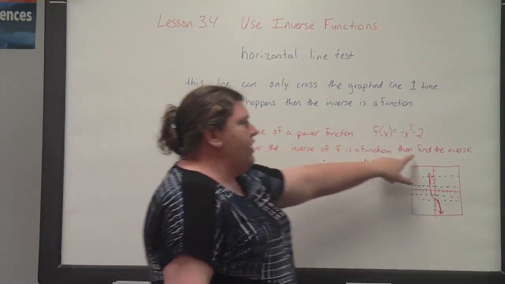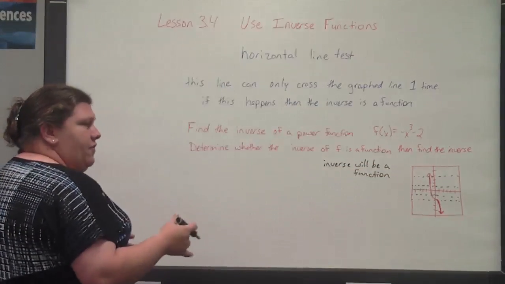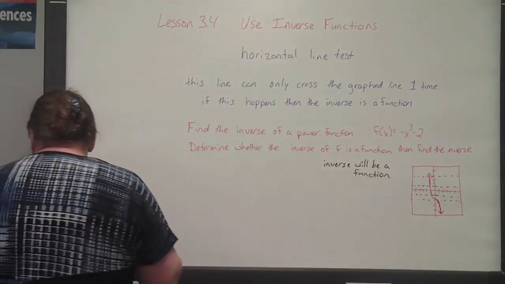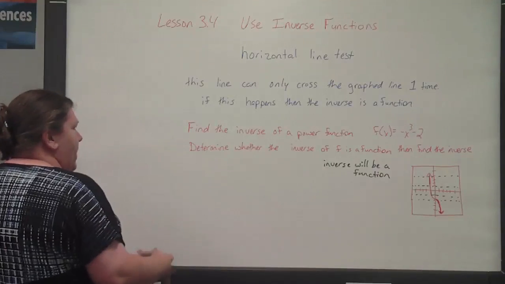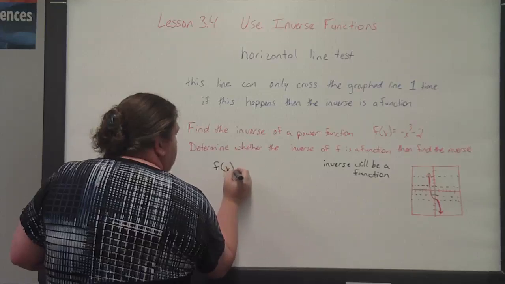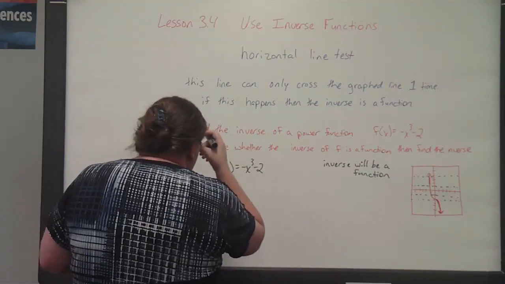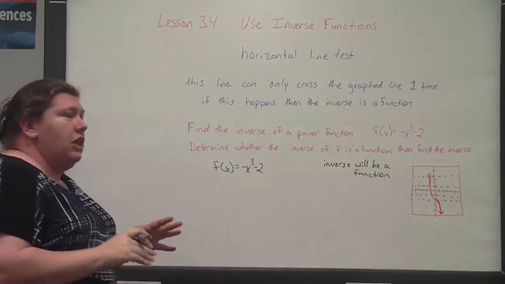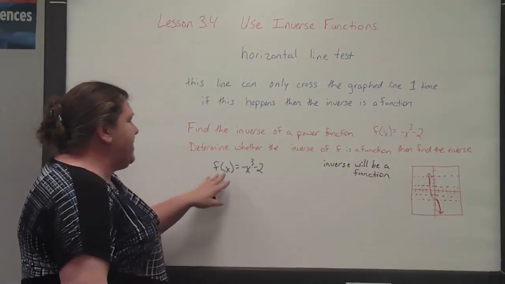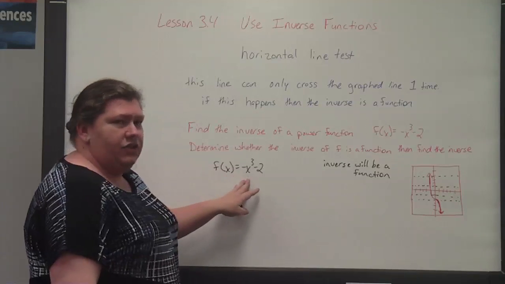So now what we want to do is find the inverse. The way to find the inverse, again, we have to go ahead and switch our x and y's around. So f of x equals a negative x cubed minus 2. Now, one thing that a lot of people might get confused on is f of x stands for the function of x.